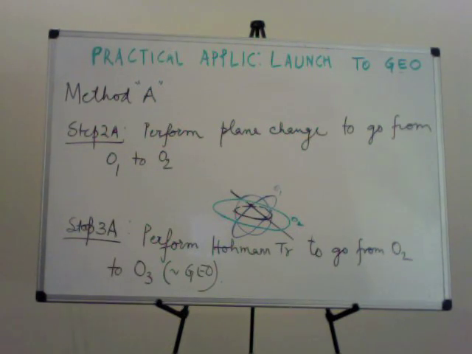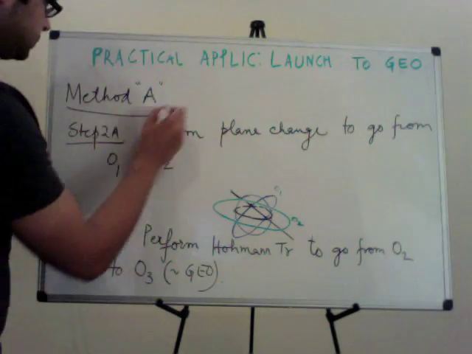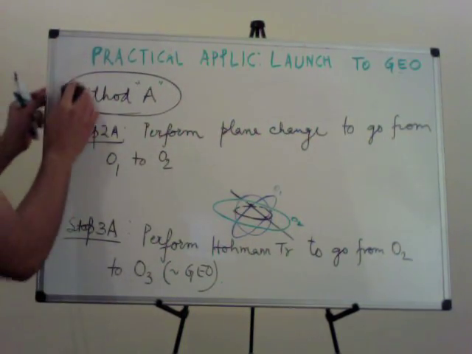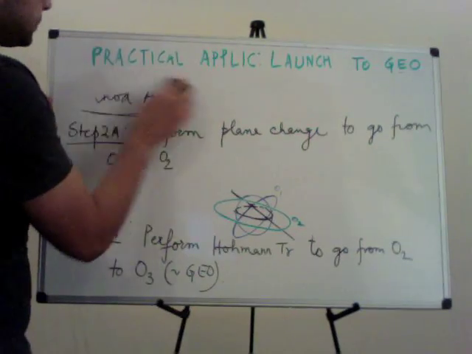This Hohmann transfer works because O3 is coplanar with O2, right? They're both equatorial orbits. This is method A. There is another simple method that can be used, so let me describe that.